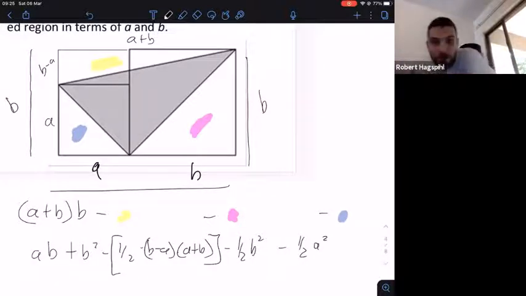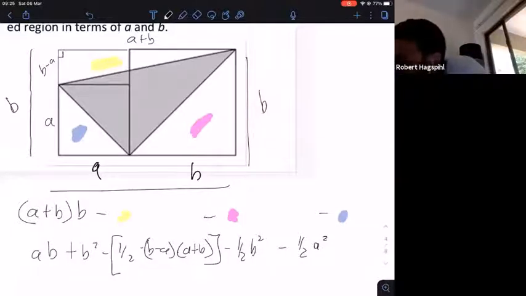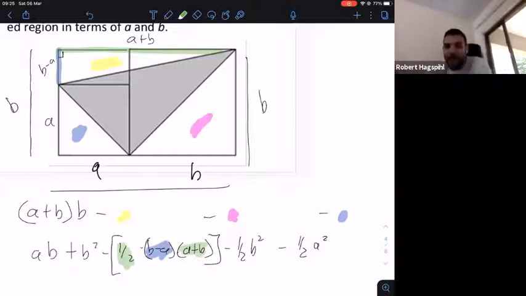Petrus, questions? Were you not happy? Yellow. Are you happy that this is a right angle triangle? The base is B minus A, and the height is A plus B, and I'm just doing a half times base times height for the yellow area.